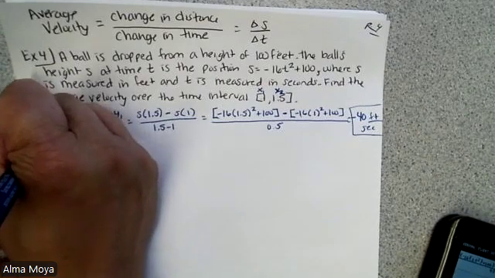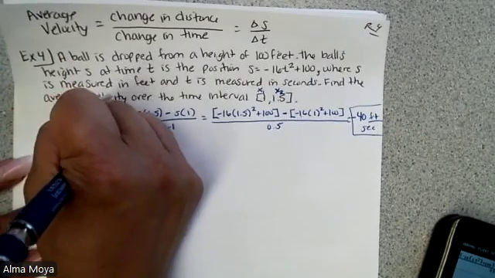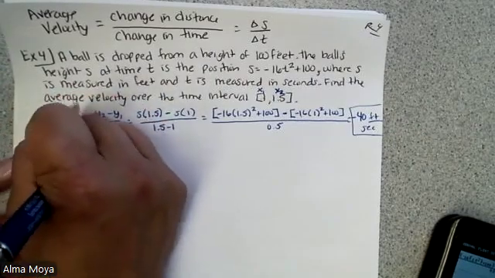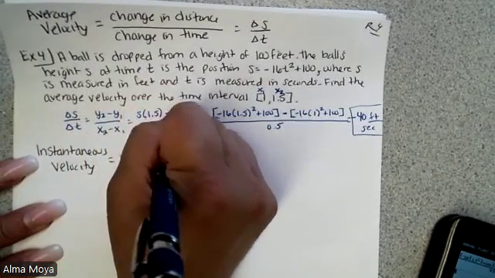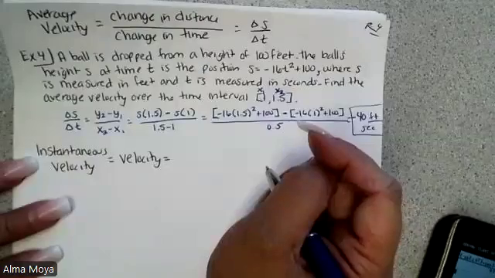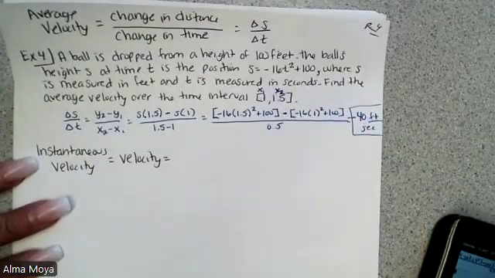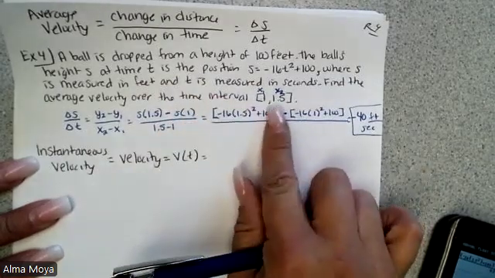Whenever they say instantaneous velocity, that is the velocity at just one specific point. Here, I gave you an interval.